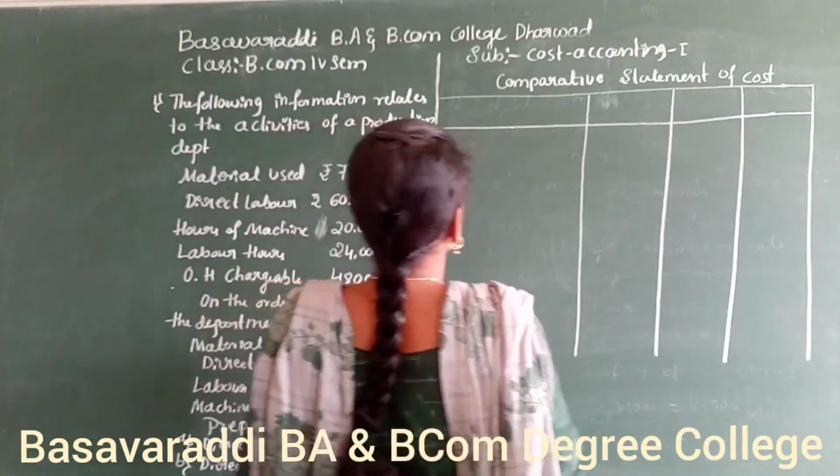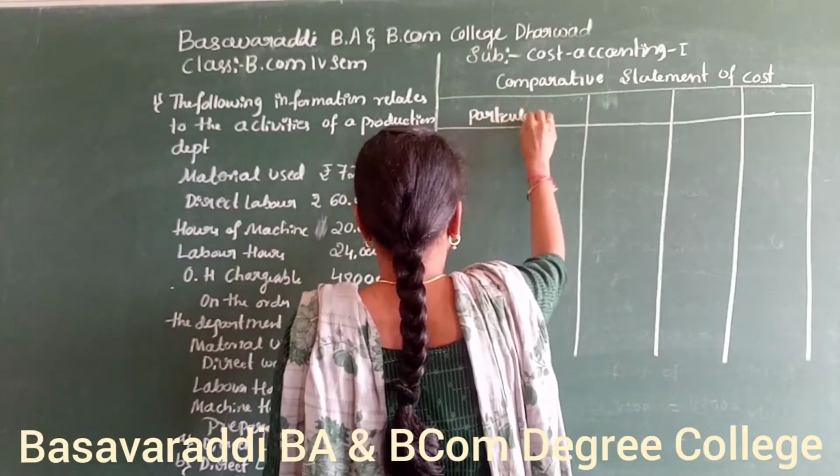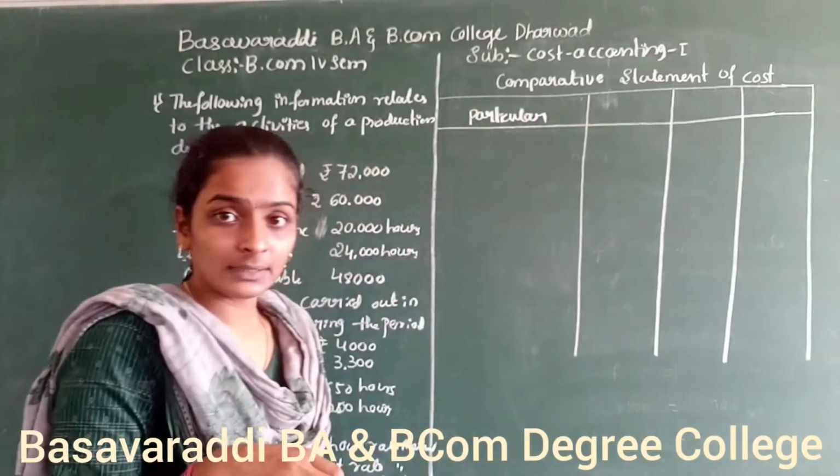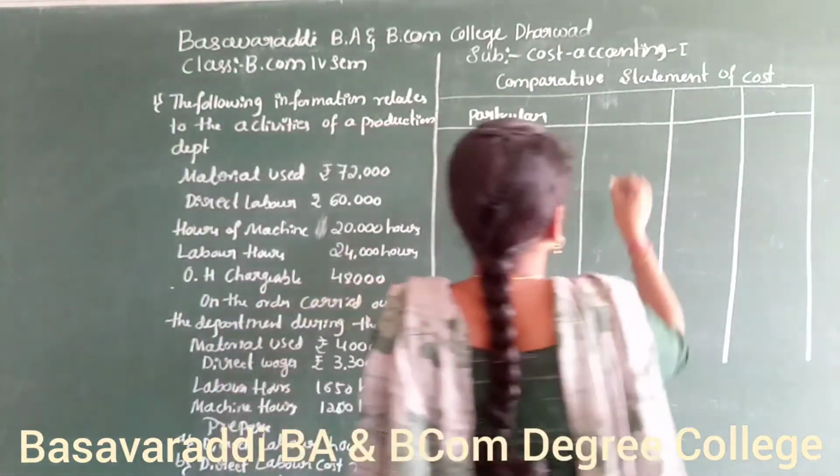The first one is particulars. The first is direct labor hour, and the last one is machine hour.